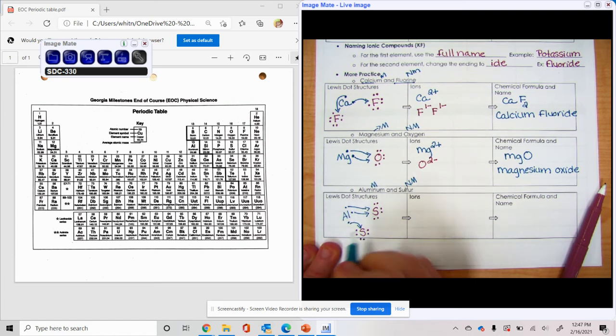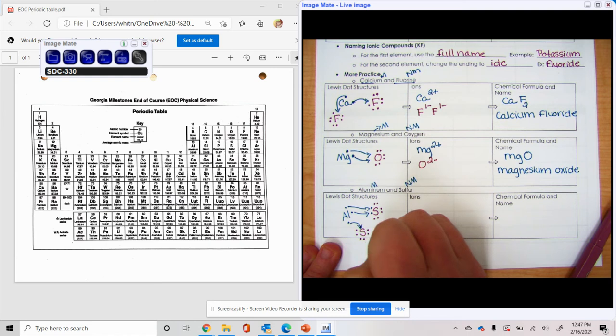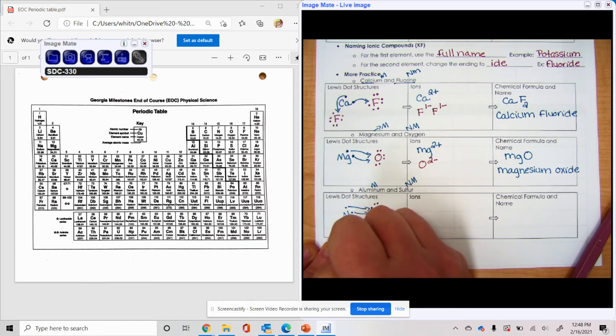Is this sulfur full yet? No, because I still need one more. So I'm going to add an aluminum. And I'm just adding them where I want to. But that's not how many. Aluminum, don't forget, aluminum has 3 valence electrons. So I messed that up a little bit. 1, 2, 3. This one goes here.